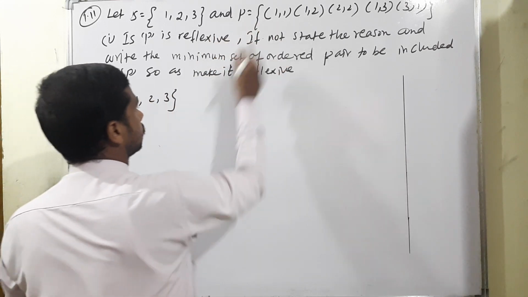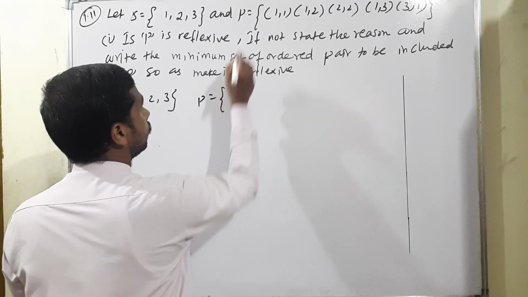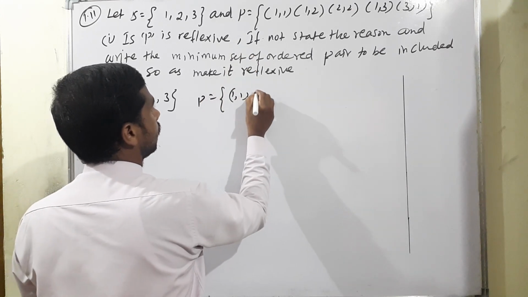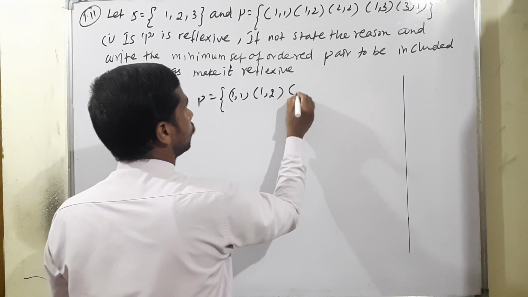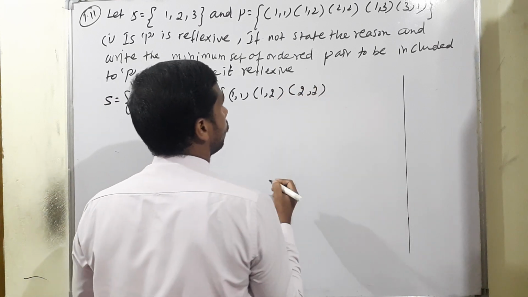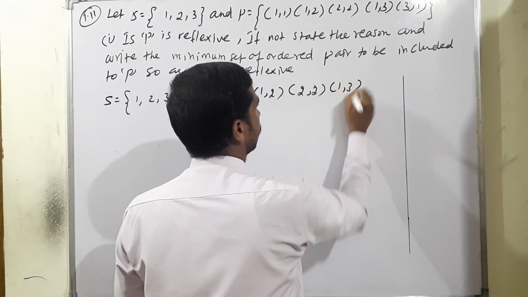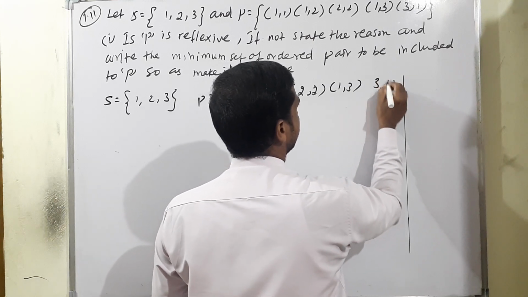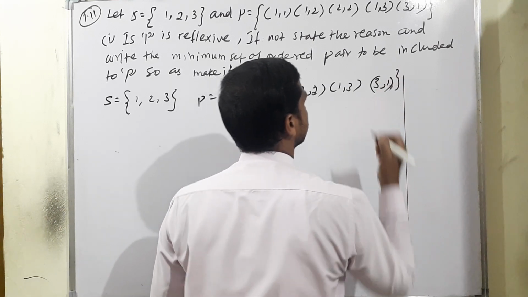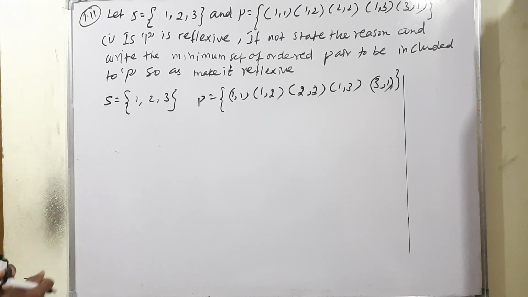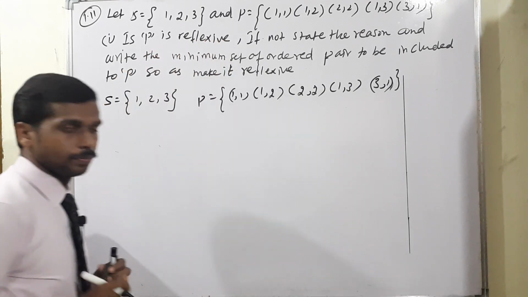Then another set, the relation P, is equal to {(1,1), (1,2), (2,2), (1,3), (3,1)}. So first we have to check whether it is reflexive.